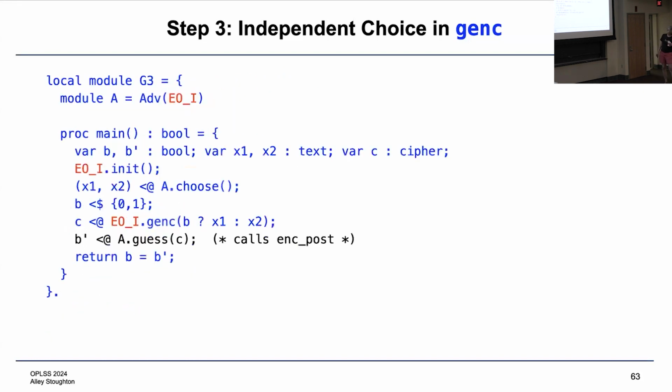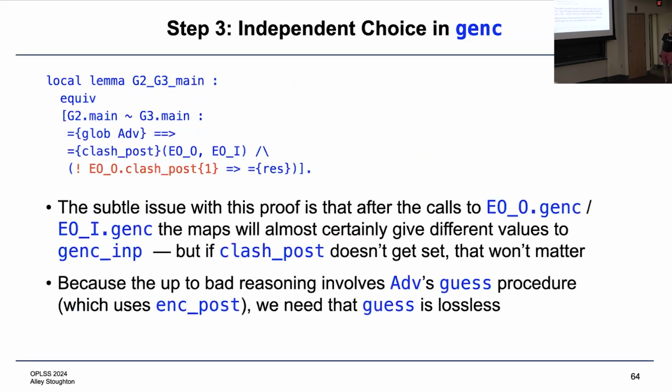So this time, it's an up to bad step. We can prove that either the clash post happens in both or in neither. And if the clash doesn't happen, then again, we don't notice this optimization that we did, and everything is great. But there are some interesting things to finesse in the proof.